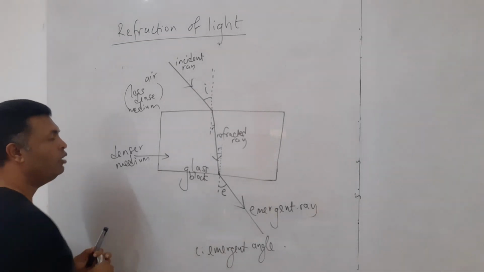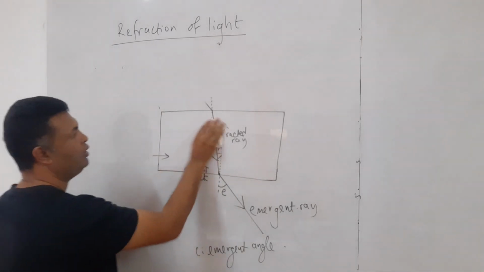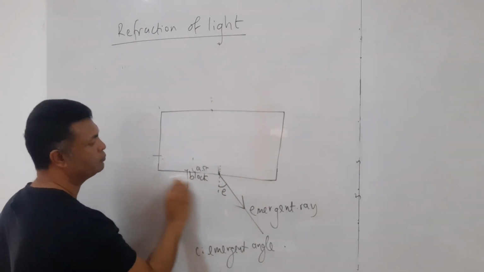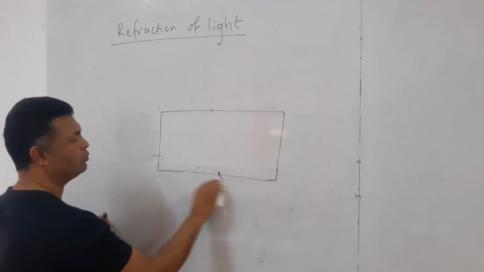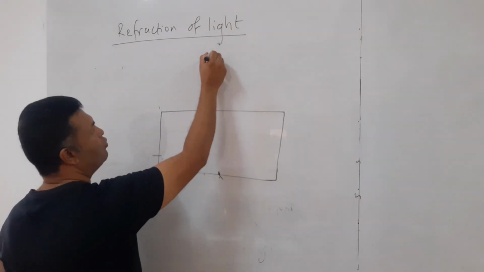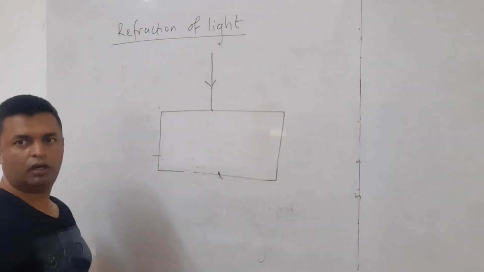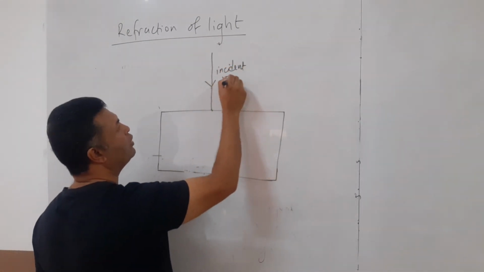Now, if the incident ray is incident normally on the glass block, for example, I have a ray of light coming like this. As we say, this is called the incident ray.